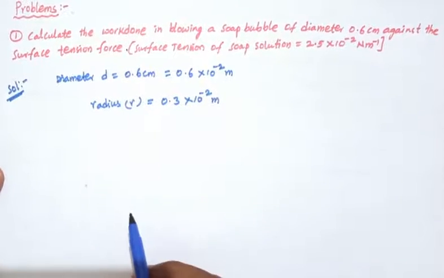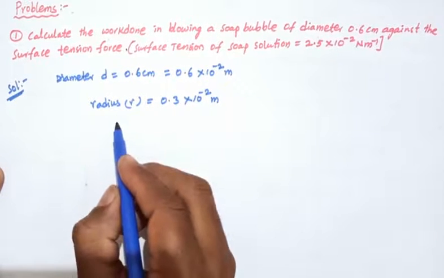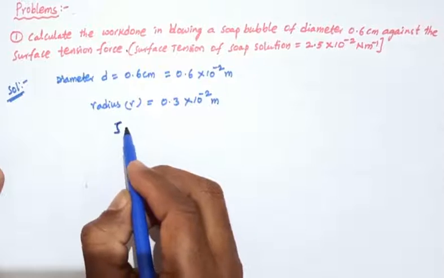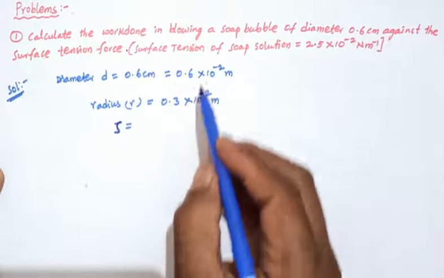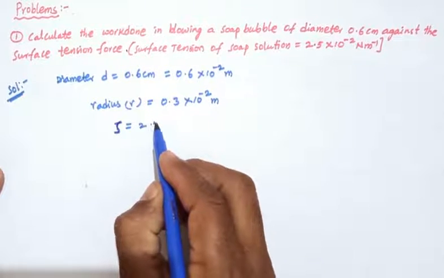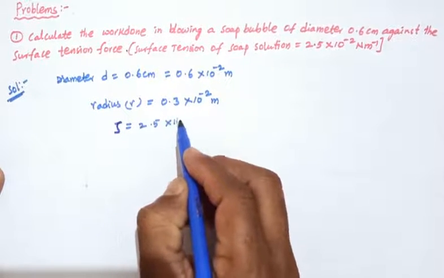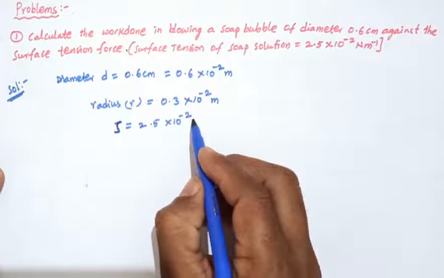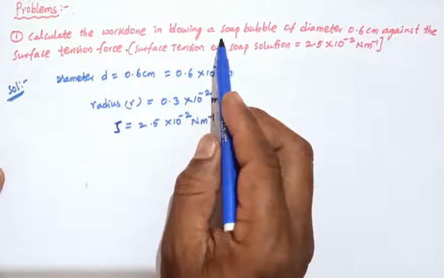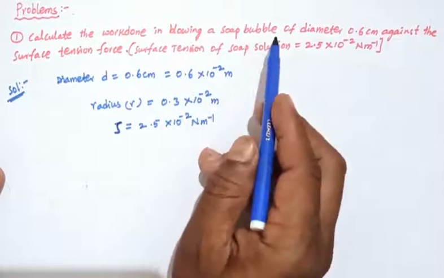Now the surface tension, we denote it S. Surface tension of soap solution is S equals 2.5 into 10 to the power of minus 2 Newton per meter. Calculate the work done blowing a soap bubble.